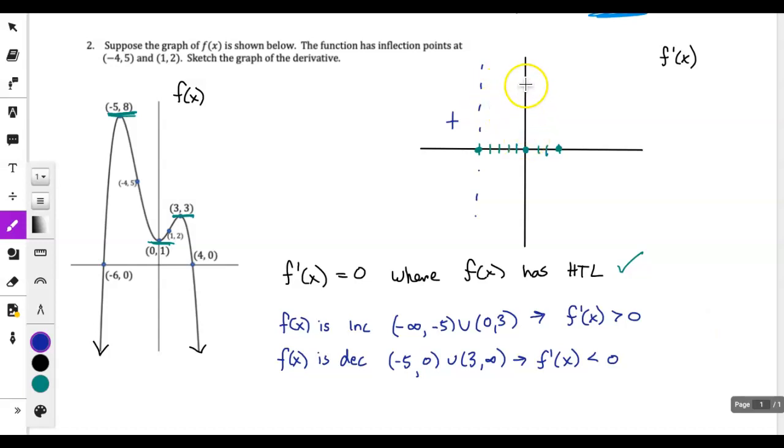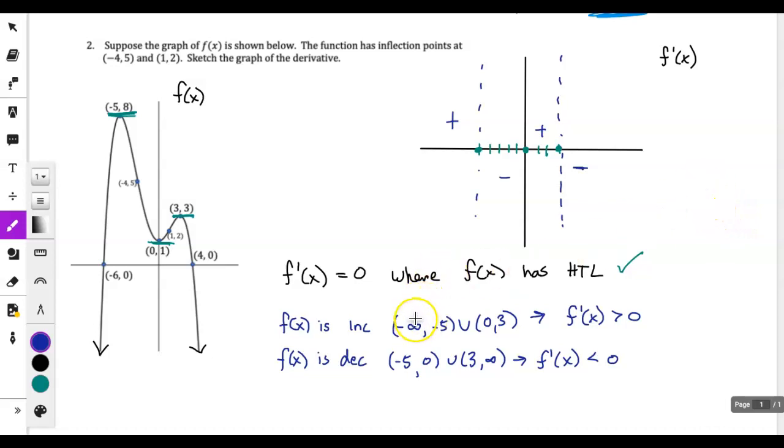And then from 0 to 3, it's going to go back up to being positive because the original is increasing there. And then after 3 until infinity, my derivative graph, and these aren't asymptotes, I'm just kind of separating the graph out into intervals. From 3 until infinity, my original graph is decreasing, so my derivative graph is going to go negative again. Okay, so we got the positives and negatives.